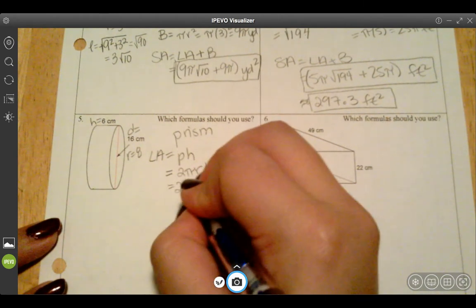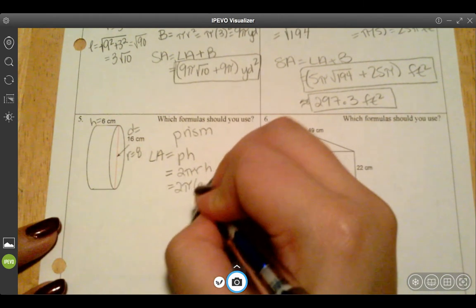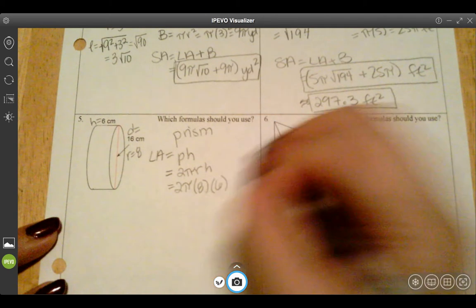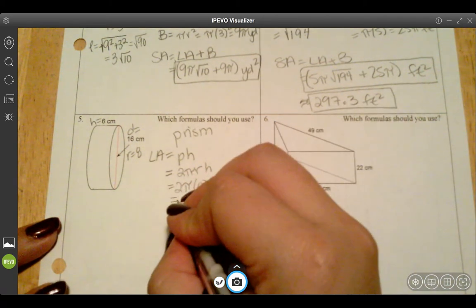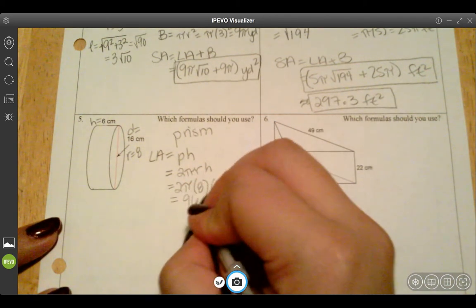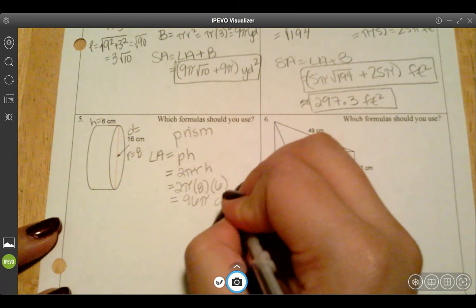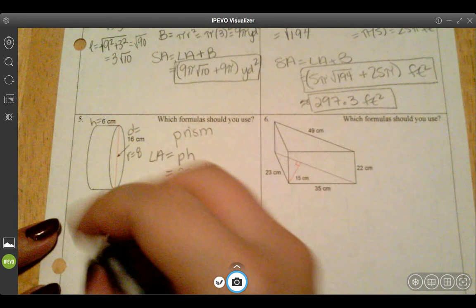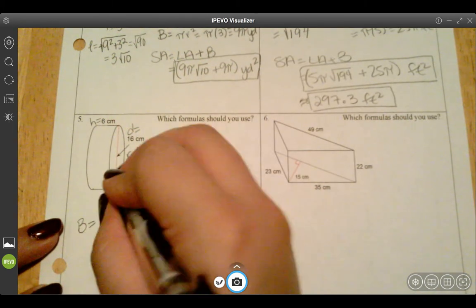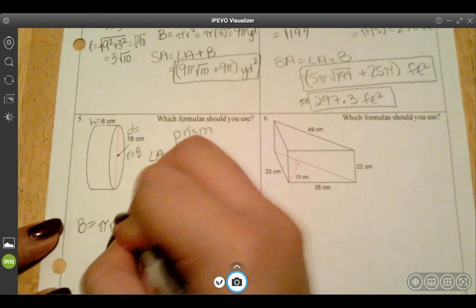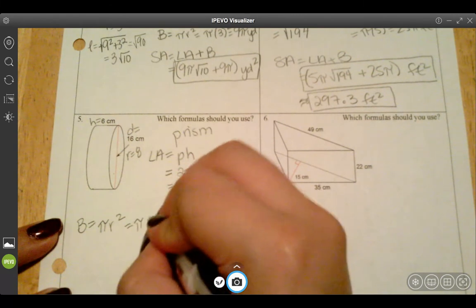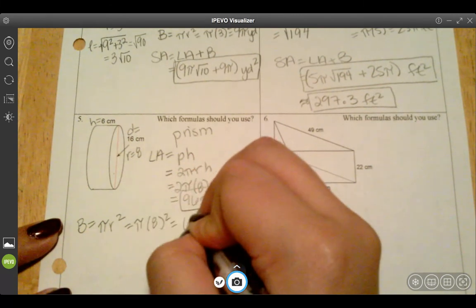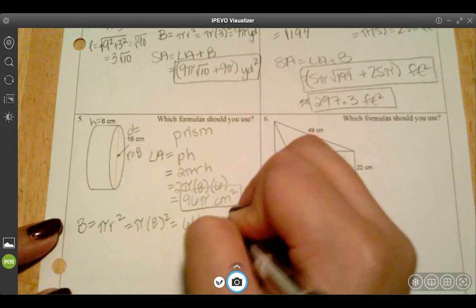2 pi times my radius, which is 8, times my height, which is 6, leaves us with 96 pi squared centimeters. And then we have our base, which is a circle, pi r squared, radius is 8, giving us 64 pi squared centimeters.